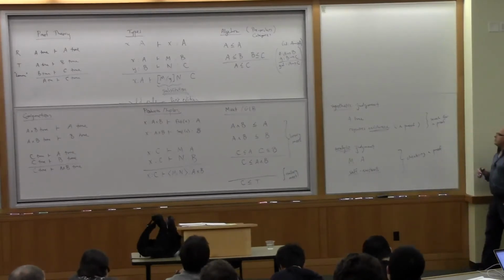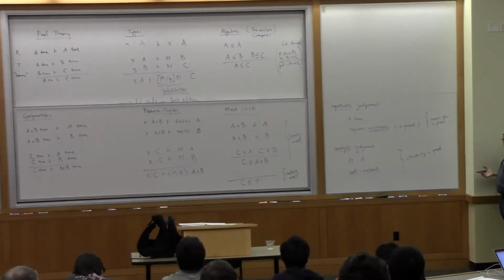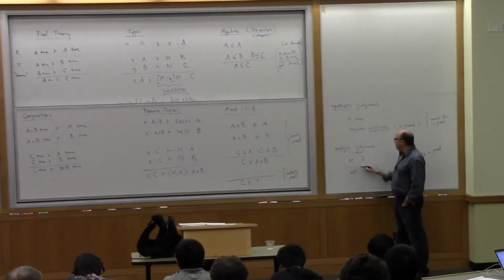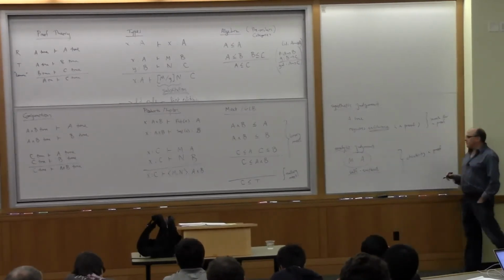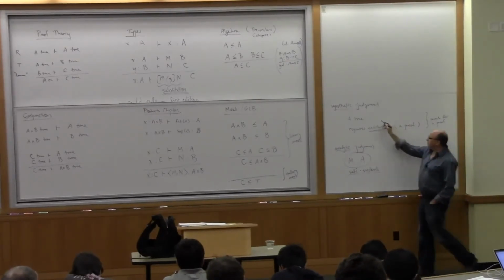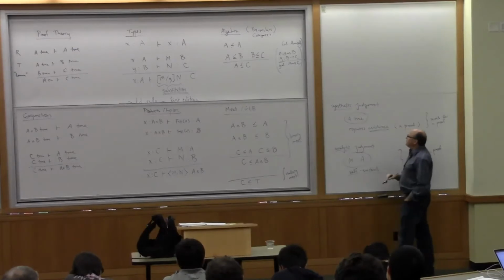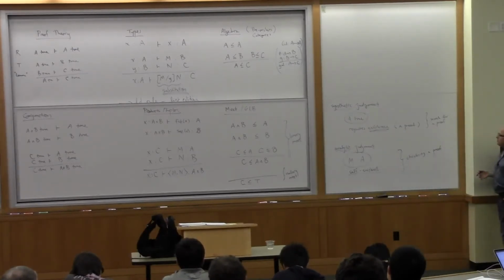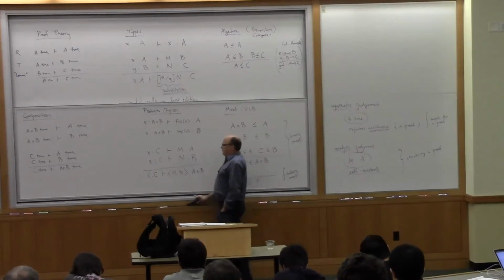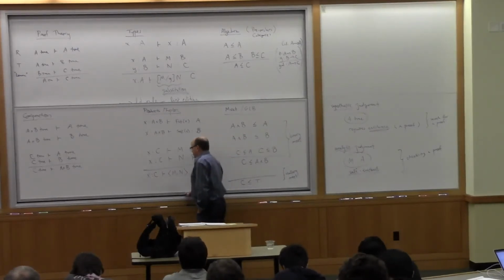In other words, it requires no further evidence, nothing in addition to what is present in the judgment itself. All the information you need is right there in front of you, and that's the information you use to do the check. Whereas here, the information you need, namely a proof, is not there in front of you. You have to find it. So that's the distinction between a synthetic and an analytic judgment. This is going to play a role in what I say about equivalence of proofs.